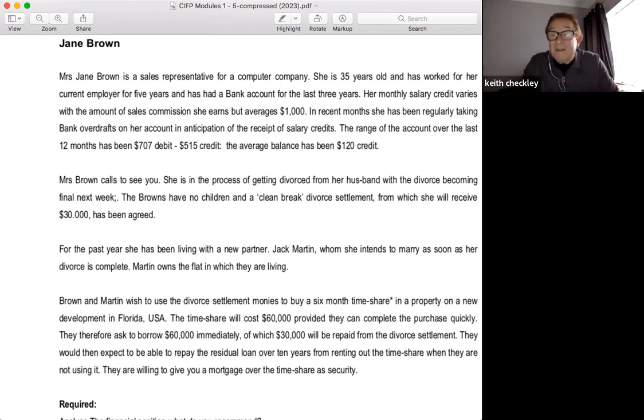Excuse me, I've just seen a message in the chat box from Dimitri. Mrs. Brown sounds Bahamian. Marisol's made a comment as well.